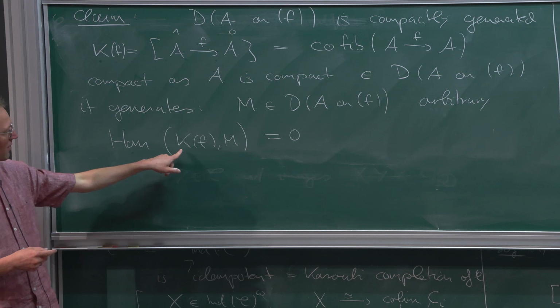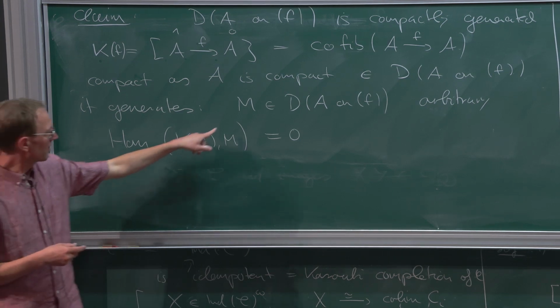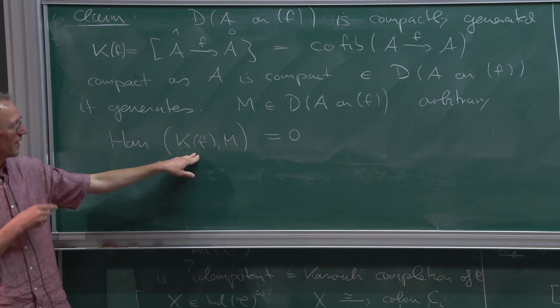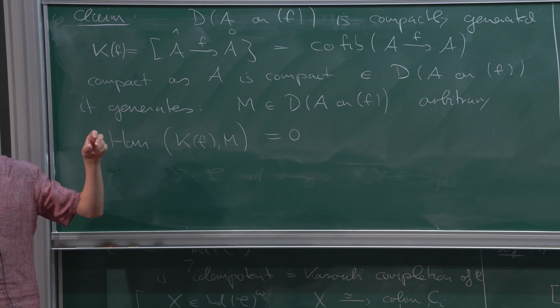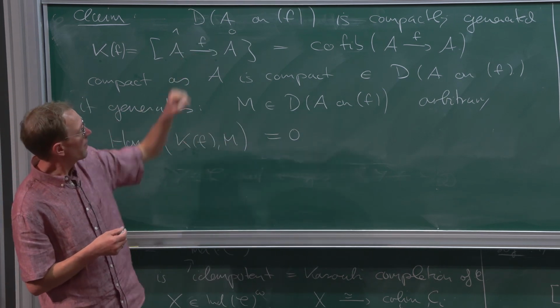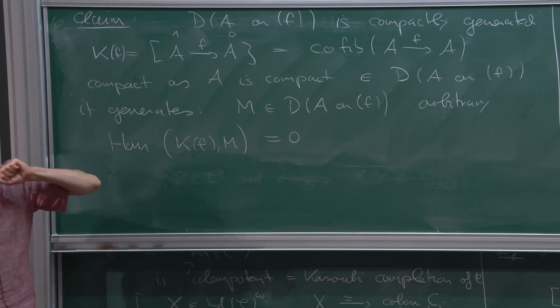This condition is what you have to check for this object K to generate the category in the following sense. You look at the smallest stable infinity category, a subcategory of this D of A, which contains this object K of F and is closed under retracts.